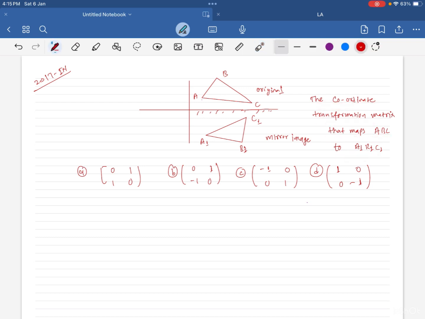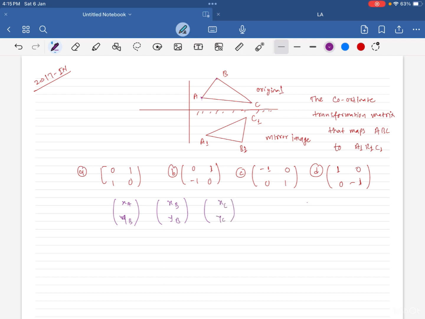If you observe the coordinates of ABC in the original figure, they are all positive. So if you have to represent vector A, it would have some X coordinate and Y coordinate, XA and YA. Similarly for B, XB and YB, and similarly for C, XC and YC, right?